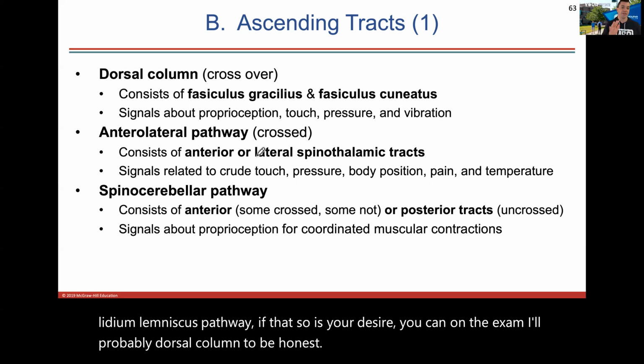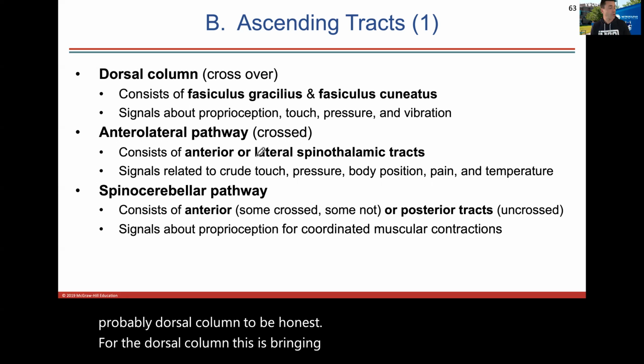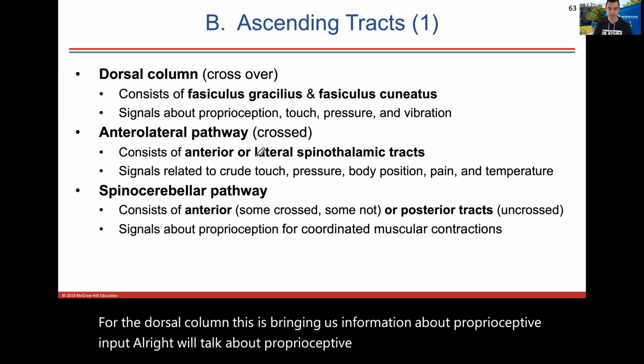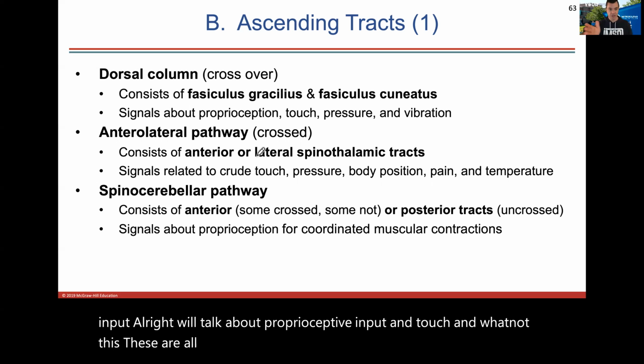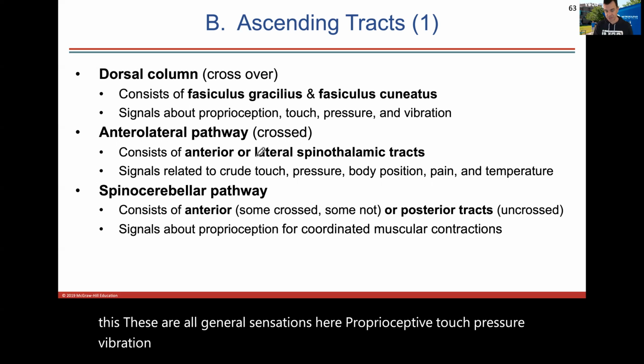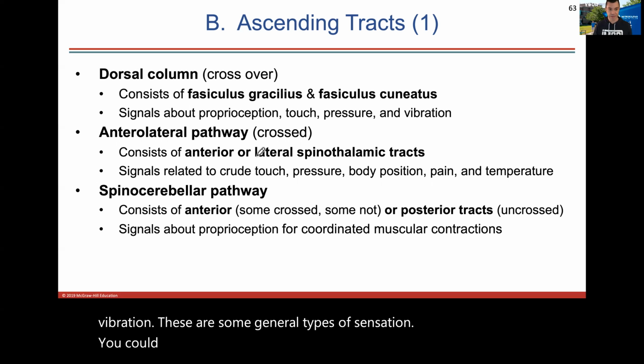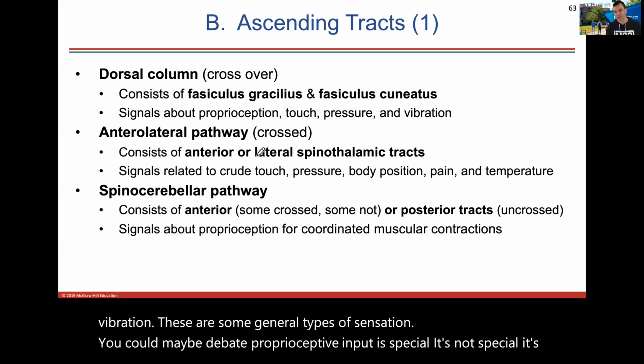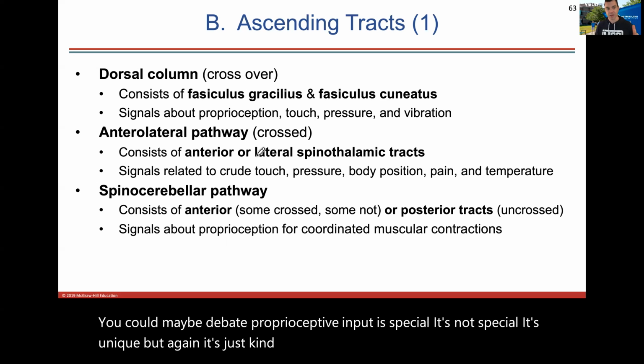For the dorsal column, this is bringing us information about proprioceptive input. All right, we'll talk about proprioceptive input and touch and whatnot. These are all general sensations here. Proprioceptive, touch, pressure, vibration. These are some general types of sensation. You could maybe debate proprioceptive input is special. It's not special, it's unique. Okay. But again, it's just all general in the grand scheme.